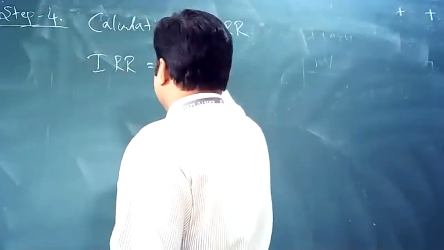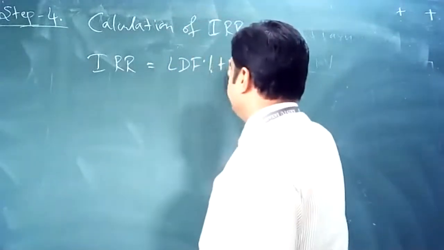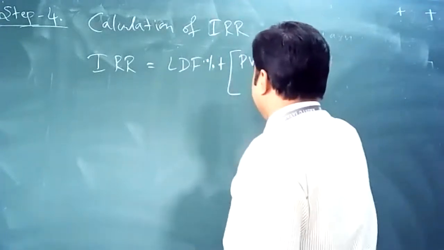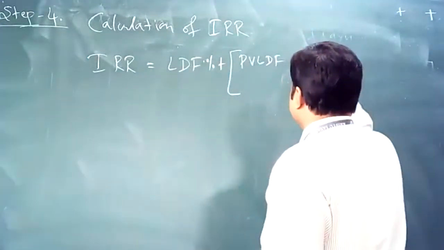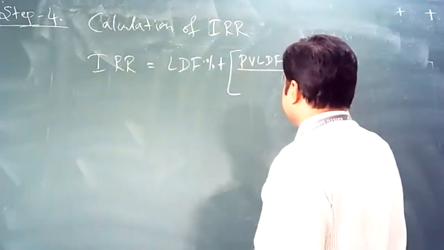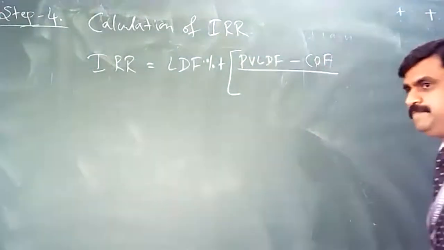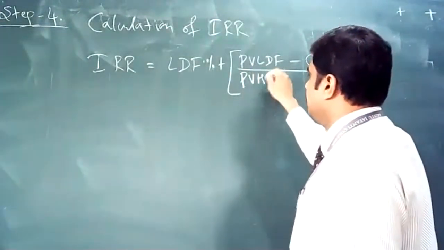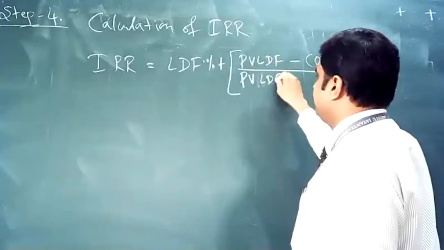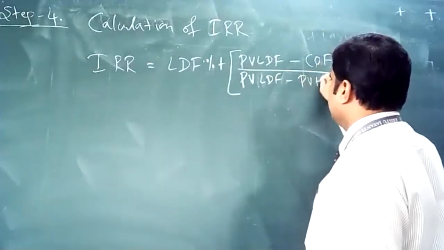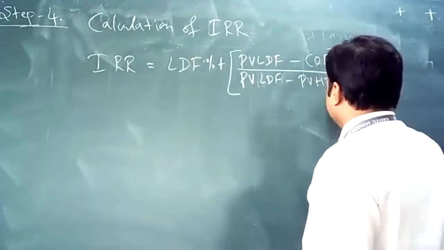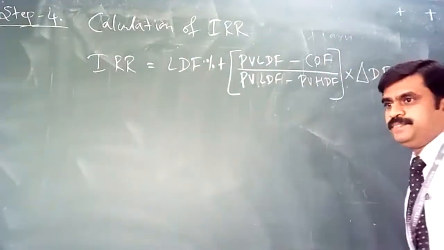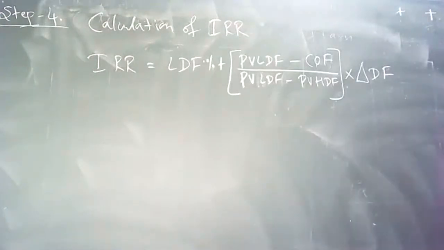That is LDF percentage plus PV LDF minus COF, the cash outflow, divided by PV LDF minus PV HDF, into delta DF.